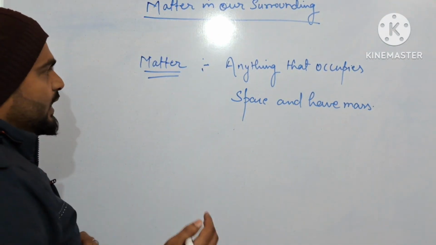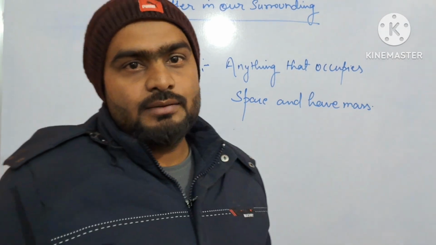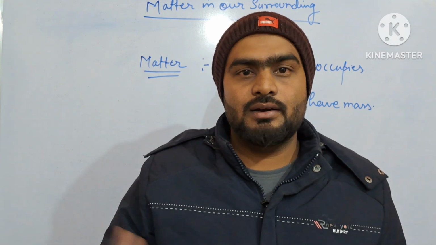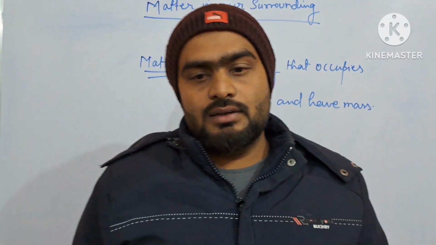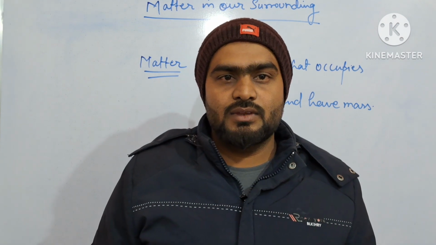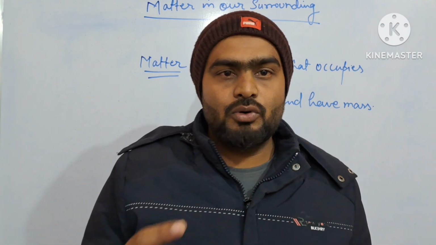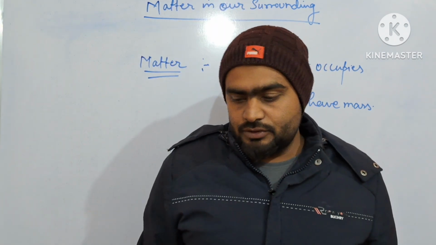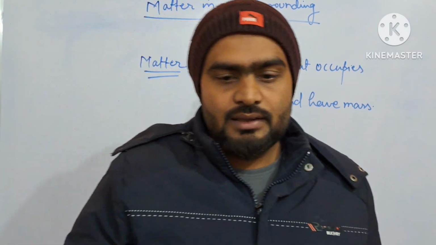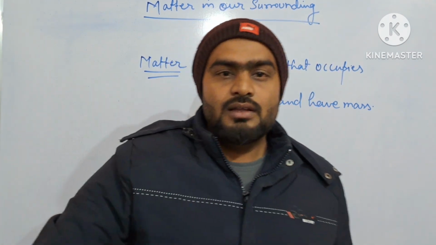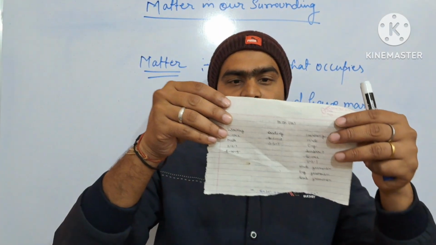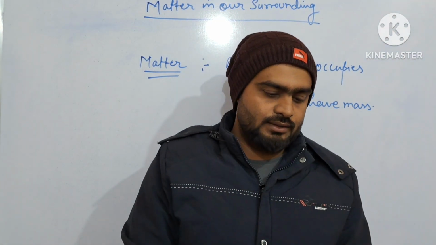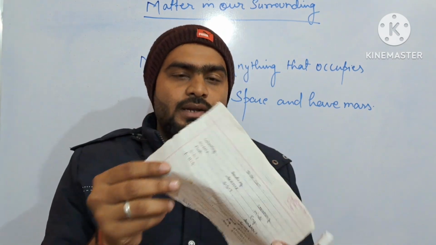Earlier it was thought that matter is continuous, that there are no subparticles of matter. Like when you drop a glass, it breaks into smaller pieces of glass. If you see this paper, it is matter, because it occupies some space, and if you weigh it, it has some mass.